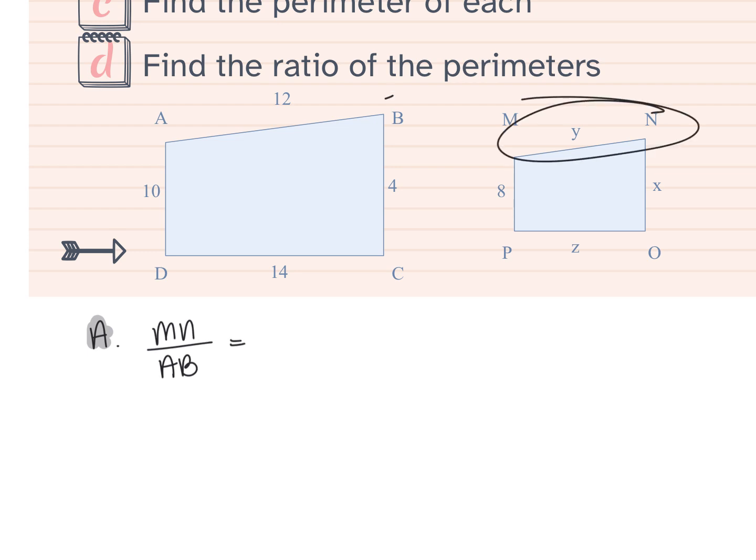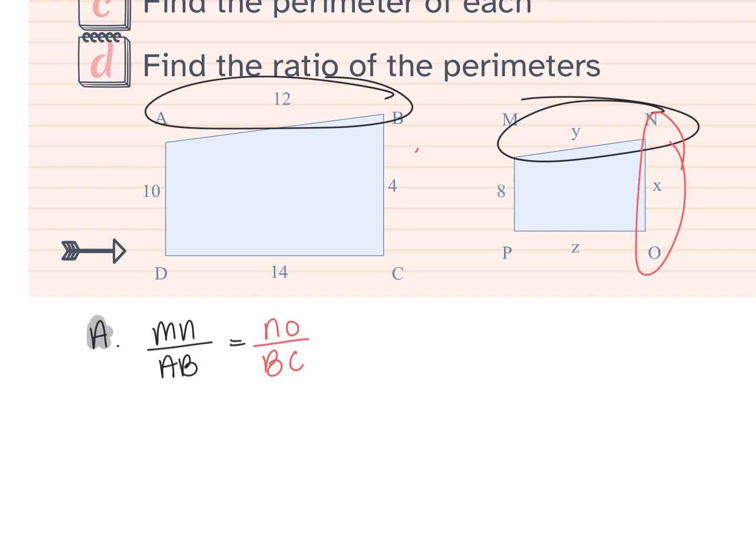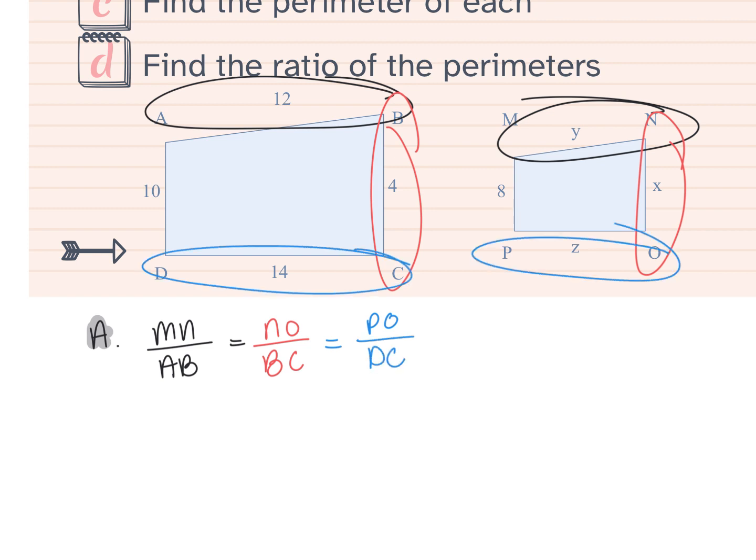Now I'm going to have NO over BC. Then I'm going to have PO over DC. And last, I'm going to have MP over AD. Okay, so we found our statement of proportionality.